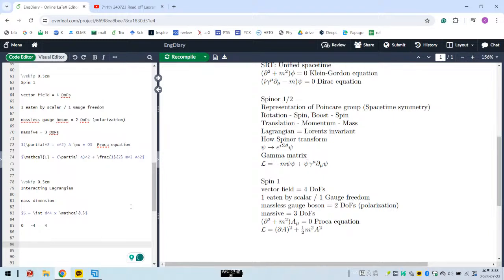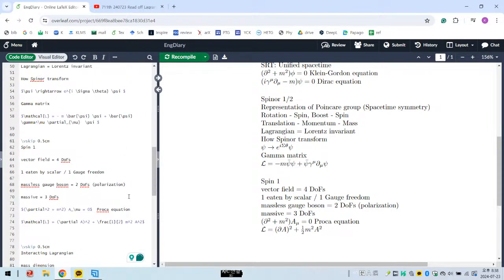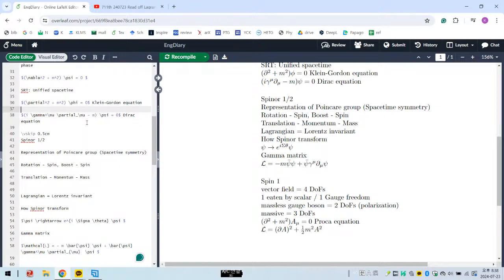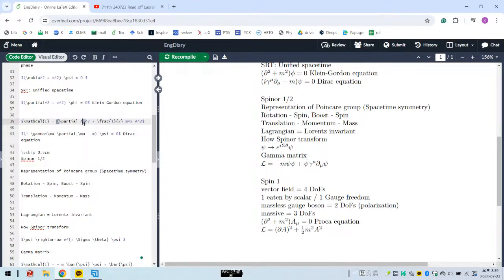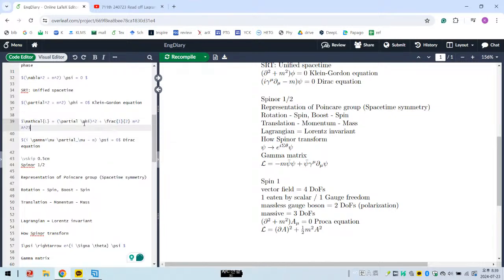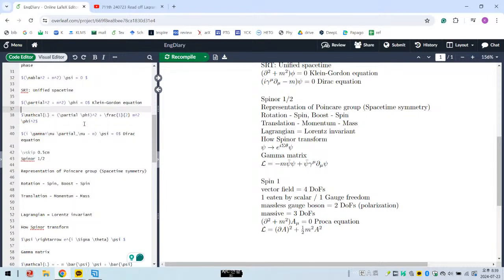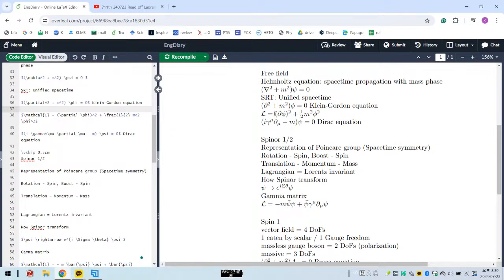For example, in the previously built case, first I wrote the Lagrangian for the scalar field, similar to the massive boson case. For the scalar field, the mass dimension of the Lagrangian is 4.